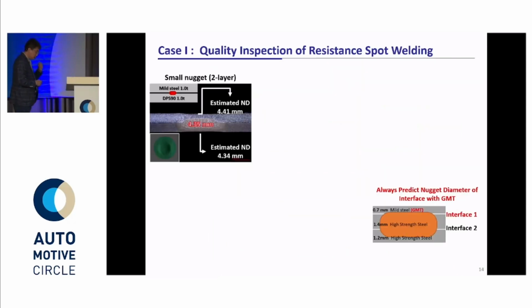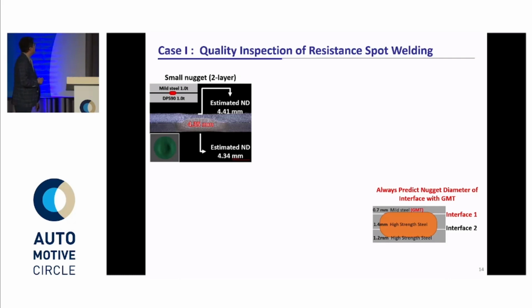By using this developed technology, the validation has been made with the actual nugget diameter cross-section. This algorithm we developed predicts the nugget diameter of the interface with the governing material thickness. So if you have a 3-layer stack, we always try to estimate the nugget diameter at interface 1.